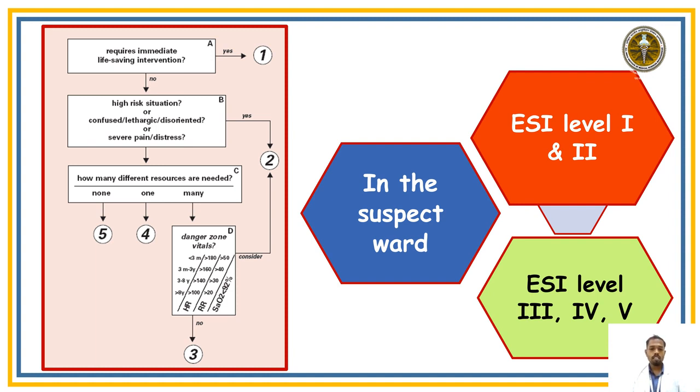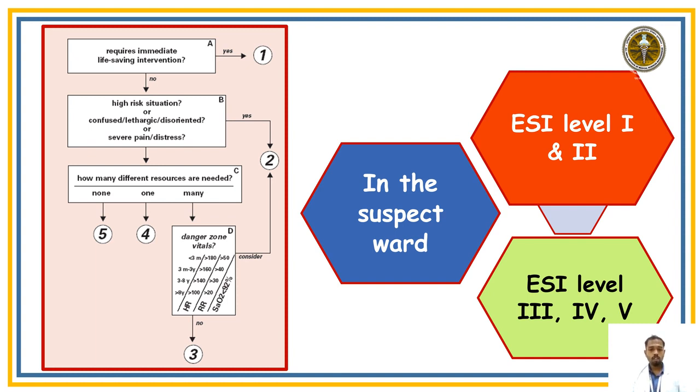Here you can see heart rate, respiratory rate, and oxygen saturation. A heart rate higher than 100 or less than 60 is considered a danger vital zone for an adult.